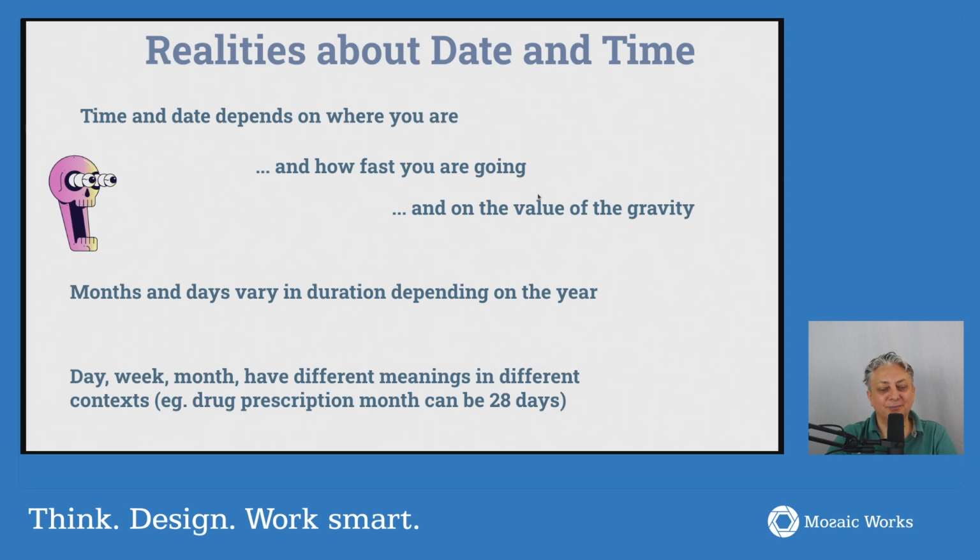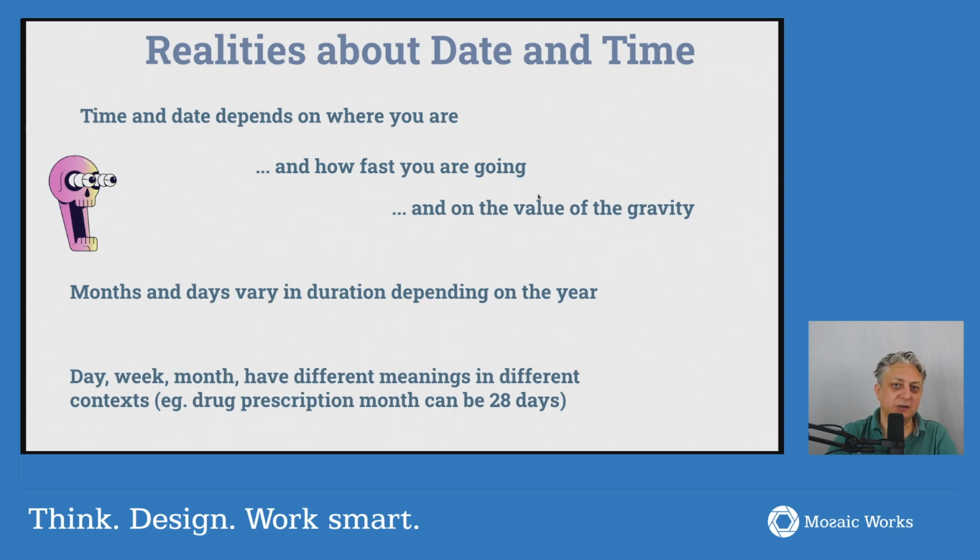If you are working for the first time on something that connects with satellites or something like that, read a little bit about this, because these effects might be important for your software. Months and days vary in duration depending on the year. This is the leap year effect. And then one more: day, week, and month have different meanings in different contexts.